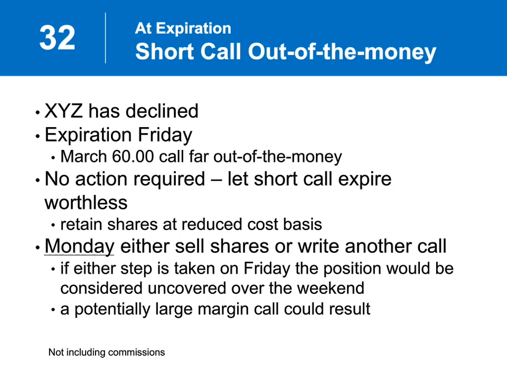Another thing that we can possibly do is roll that. We don't have to wait until Monday. As long as we are short that March 60 call before expiration, we can just buy back the March 60 and sell either the following month or the month after that.